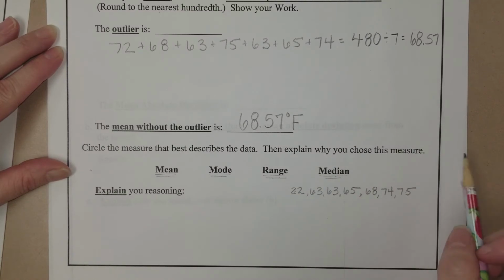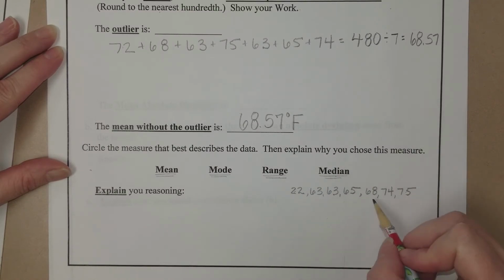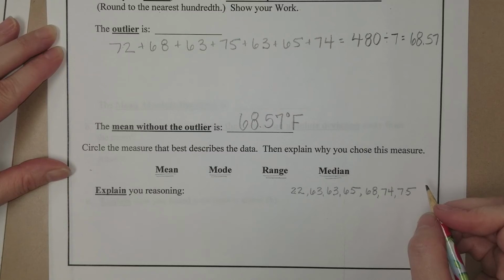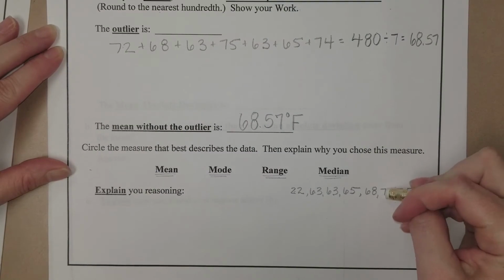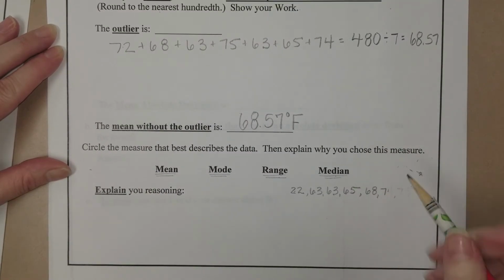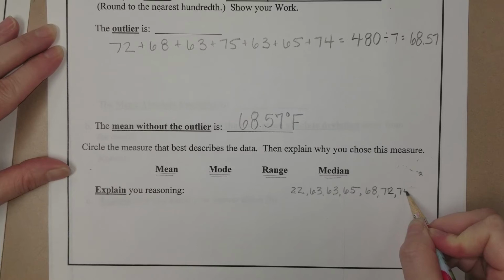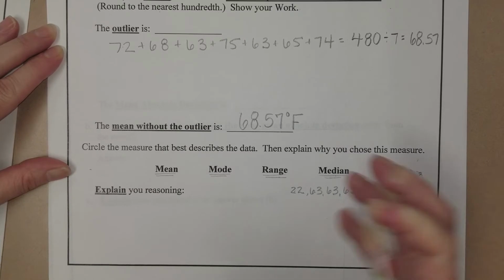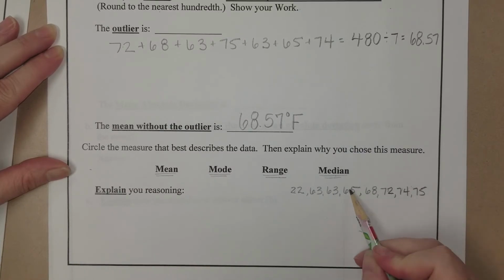I'm missing one. 63, 70. Oh, 72. Sorry. We have a 72, a 74, and a 75. Okay. So 1, 2, 3, 4, 5, 6, 7, 8.